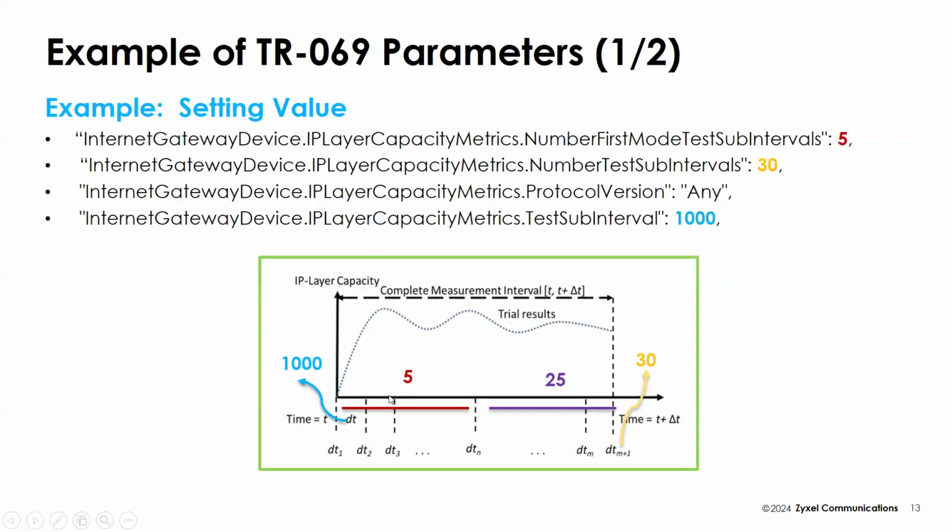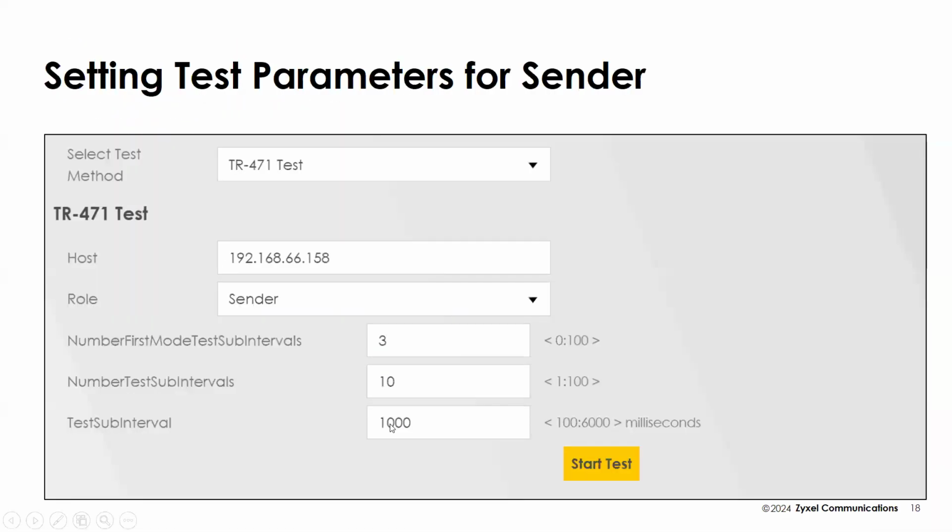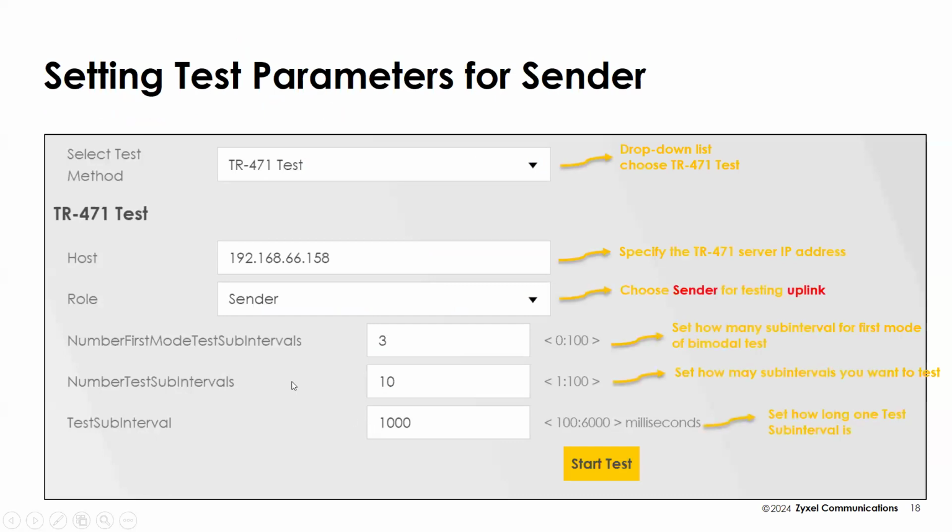But you want to input that information on that page to say, I want this test to start at this sub-interval. Yeah, if you go back to the page where you put in the bimodal test, you can see that. It means the range of the first bimodal test will be 3 and the other one will be 7.